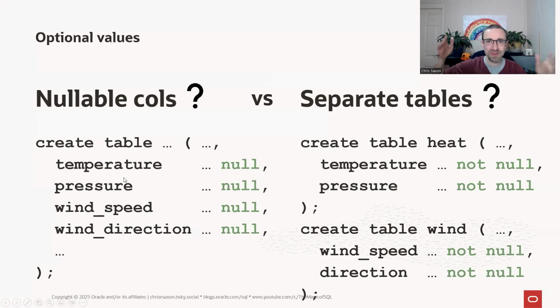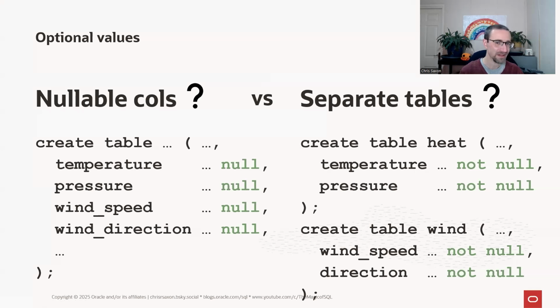Because of course, one location might only have heat readings, one might only have rainfall readings. Do we make all of them nullable, or do we have separate tables for each group of data? For heat, we've got temperature, pressure, and humidity as well, so that we can declare them not null for each group of data.